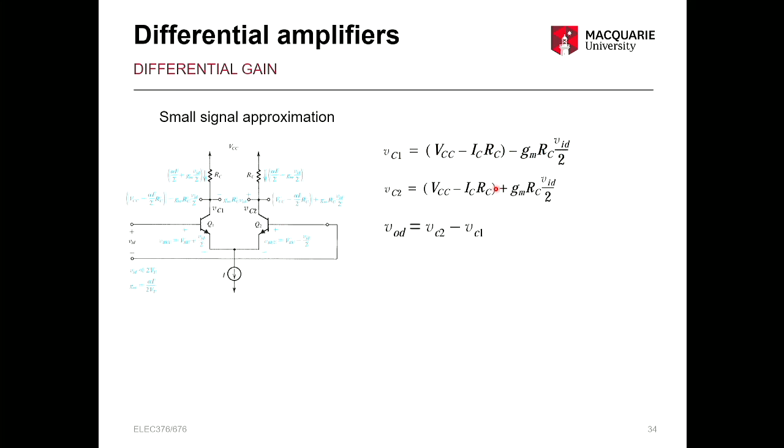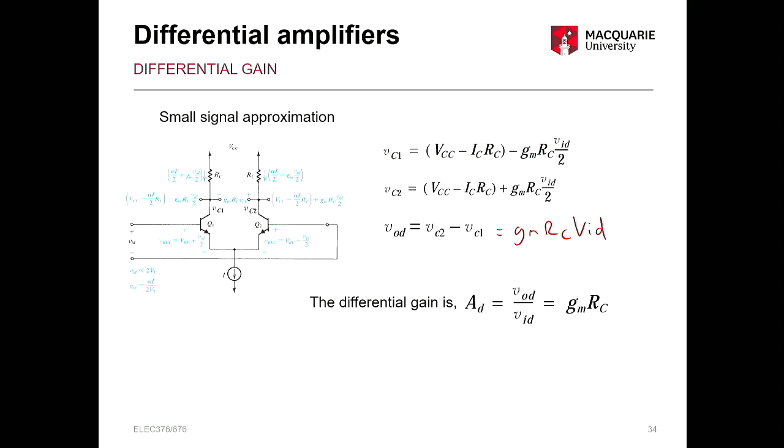So of course if we do the differential output, VC2 minus VC1, then we're going to get, in this case it will just cancel out the 2. GMRC VID, everything else cancels out.